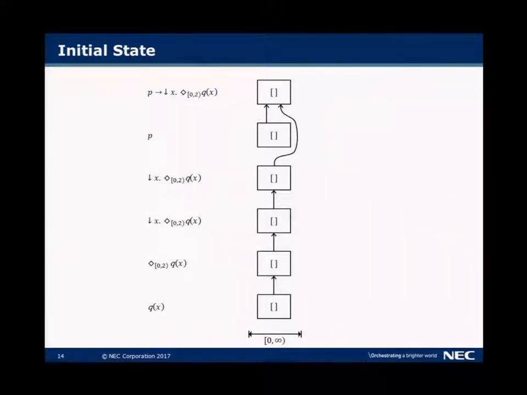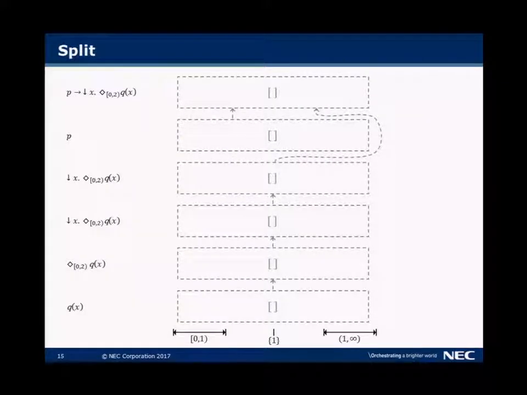Now, what happens if a message arrives? The first thing is, assuming that the monitor receives a message with the timestamp 1, it splits the node in which this timestamp is contained into 3 parts: the left part, the middle part, and the right part.